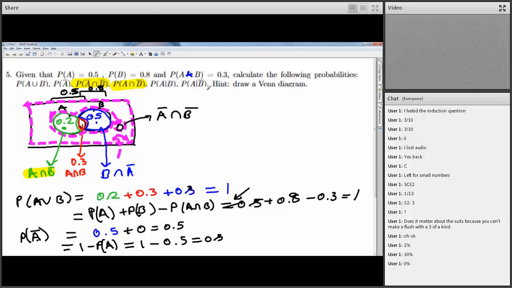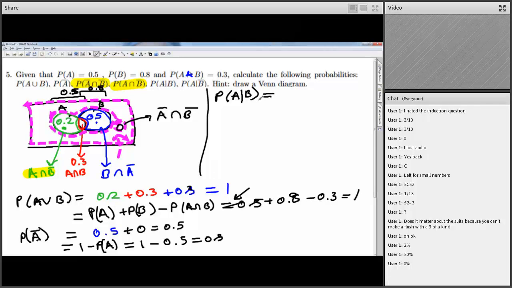The last one to do is this one here, A vertical line B. How I'd read this out: what's the probability of getting the event A given that B has already happened? So we know that B has happened. If we know B has happened, what's the probability of getting A?